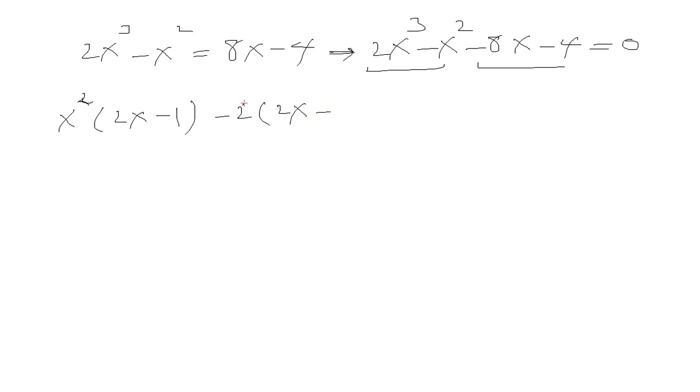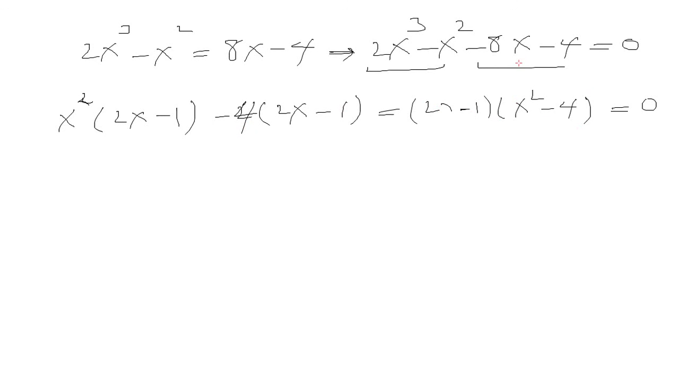Sorry, -4 from the second group, and then -4 times 2x is -8x, and then plus 4, minus 1 times -4. That's good. Now I see the common factor is 2x minus 1, times x squared minus 4 equals 0.